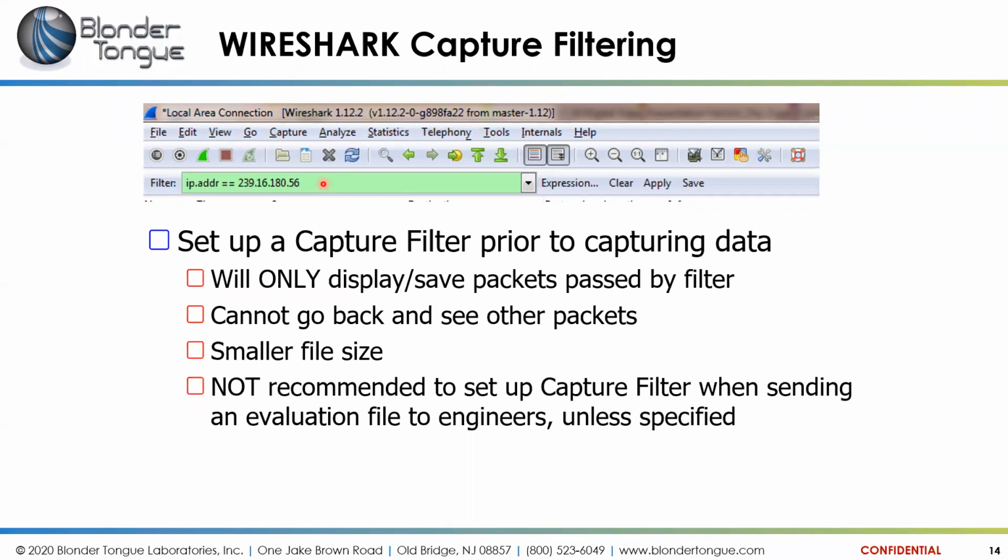There is another filter once you're done capturing. There are view filters that would allow you to hide other data, but you could then undo the view filter and see that other data again. With a capture filter, once you set up a capture filter, that's it. That's the only information you're going to receive. You won't have any chance to view any other data. Okay, but it does produce a smaller file size.